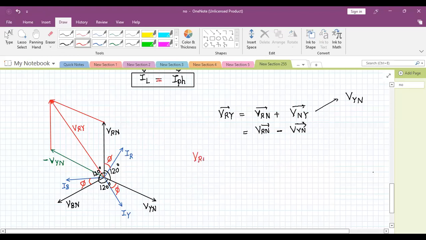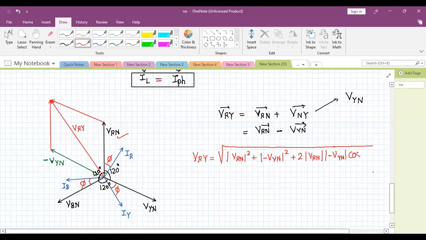So I can say that VRY is equal to under root of VRN square plus VYN square plus 2 VRN VYN cos theta.